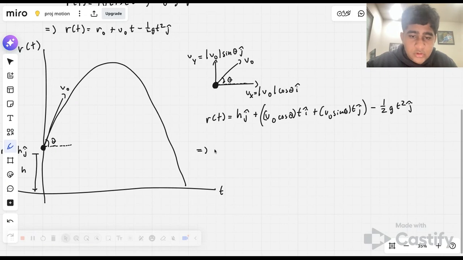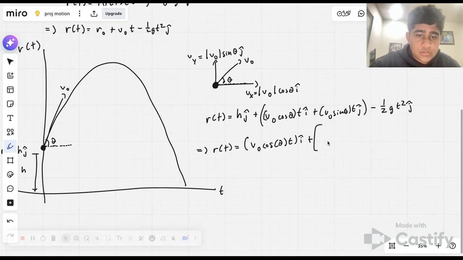So what we get is our r vector, which is our position vector, will simply be v naught cosine theta t i plus h. Well, now we're grouping all the j terms together.